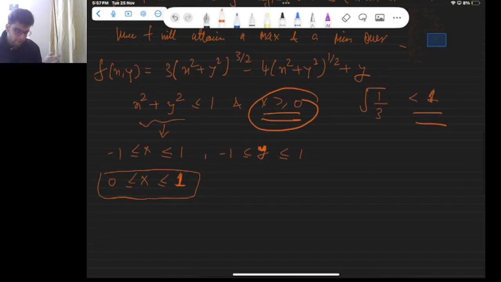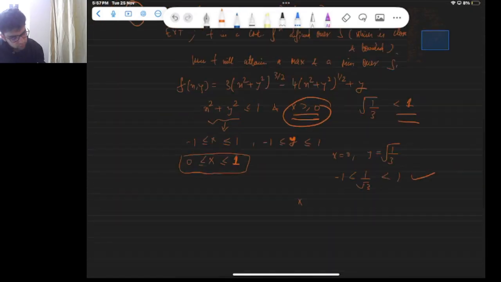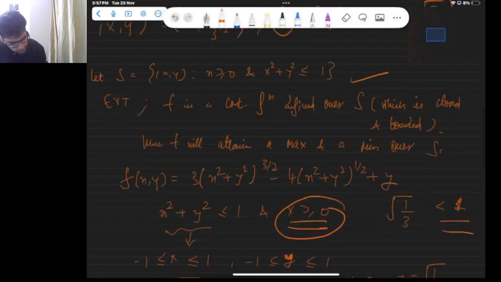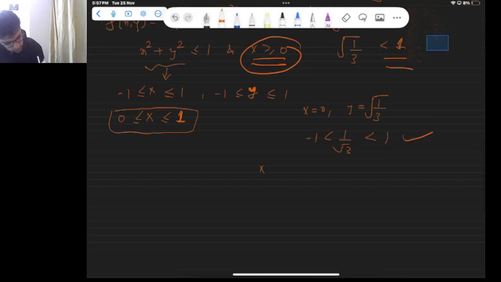So the points that we found were x equals 0, y equals root 1 upon 3, and root 1 upon 3 lies between -1 and 1. Yes. Now the second expression that we found was negative root 5 upon 3.